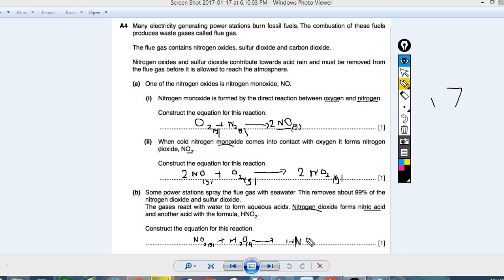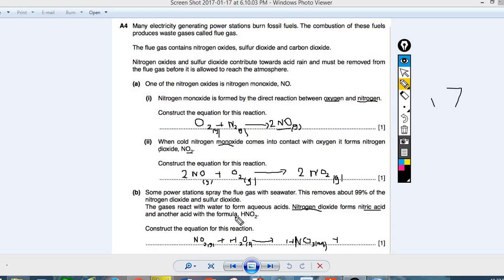Sorry about my handwriting, by the way. This is a reaction with H2O, so obviously this is in the aqueous form. To indicate aqueous, you can just write AQ within brackets. That will give you the idea.